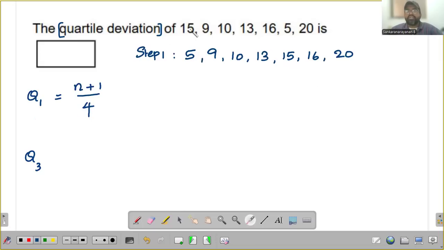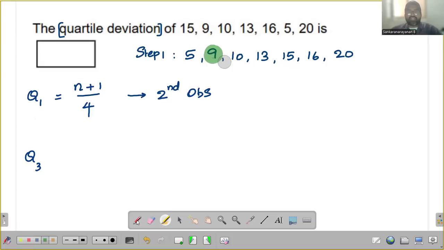Number of observations is 1, 2, 3, 4, 5, 6, 7. 7 observations are there. So 7 plus 1 is 8, 8 by 4 is equal to 2. So the second observation is going to be Q1. What is that second observation here? That is 9.